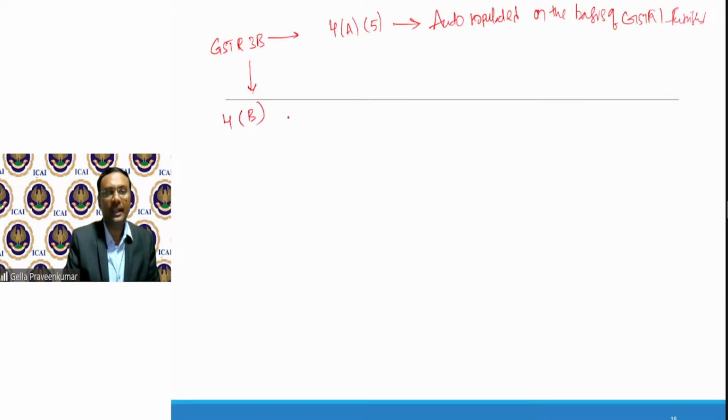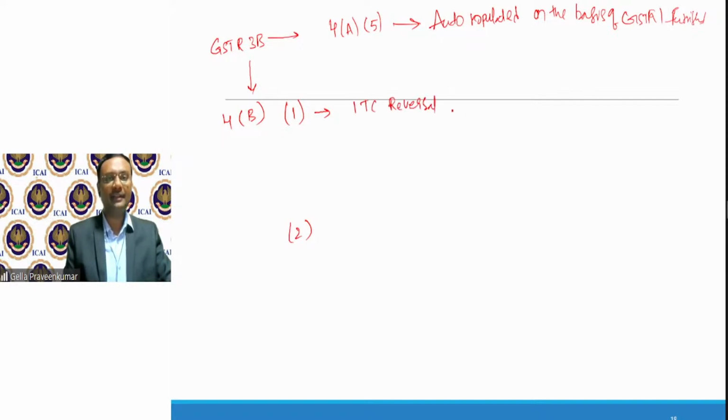Table number 4B has an option for table 1 and an option for table number 2. Table number 1, ITC reversal. ITC reversal on account of section 17 subsection 5, or ITC reversal under Rule 42 or Rule 43.